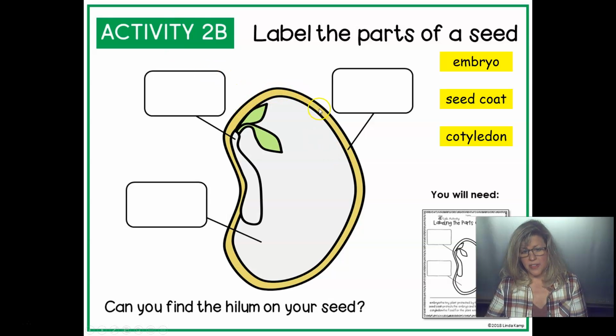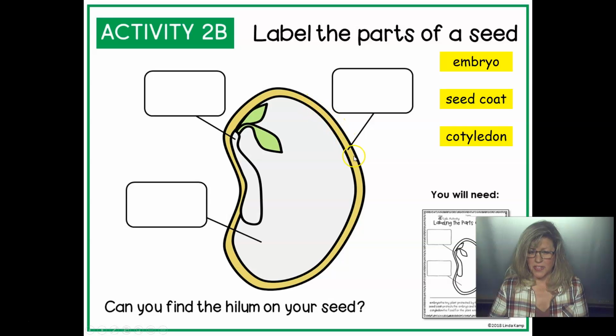So we have this part, and it looks like this label would go here. We have this part, and it looks like the label should go here. And we have this main part, and the label should go here. So help me move these labels where they need to go.